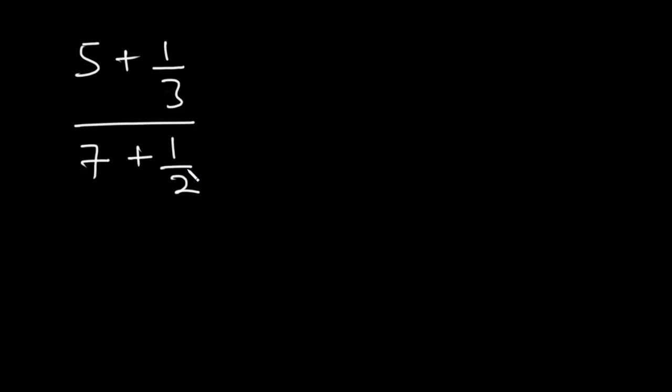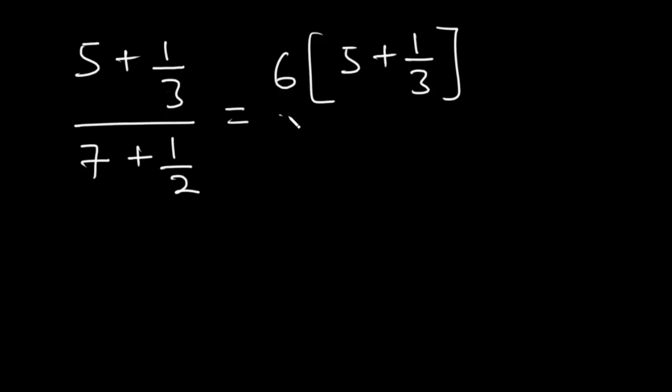Since we have 2 and 3 being the denominators of the smaller fractions, we are going to multiply top and bottom by 6. So it's going to be 6 times 5 plus 1 over 3 divided by 6 times 7 plus 1 over 2.